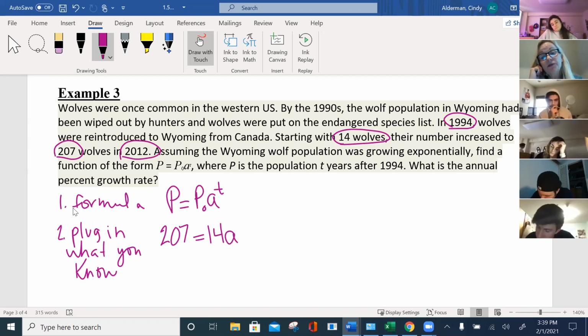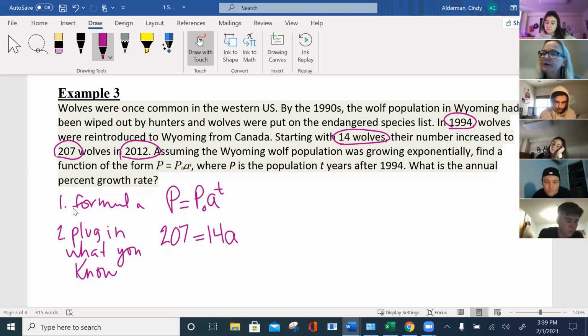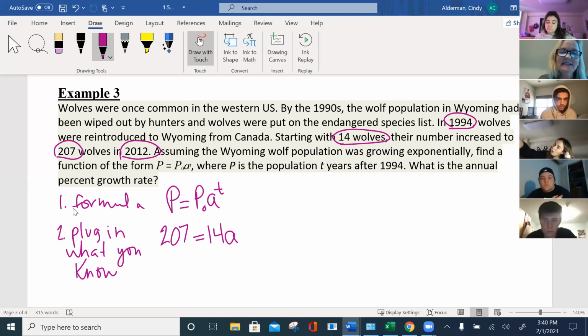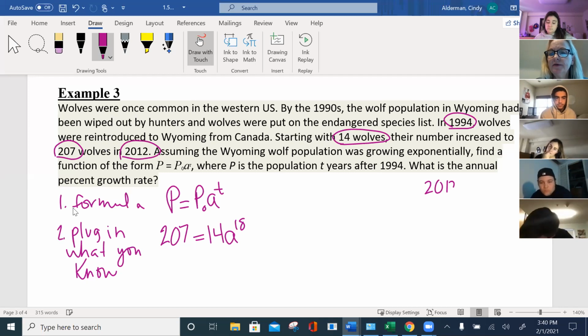And do we know anything about time? What's the total for when to get to 207 as a resulting population? How many years have to go by? 18. Yeah, 18. And you got that how? Difference between 1994 and 2012. Right. So 2012 minus 1994 is 18 years.